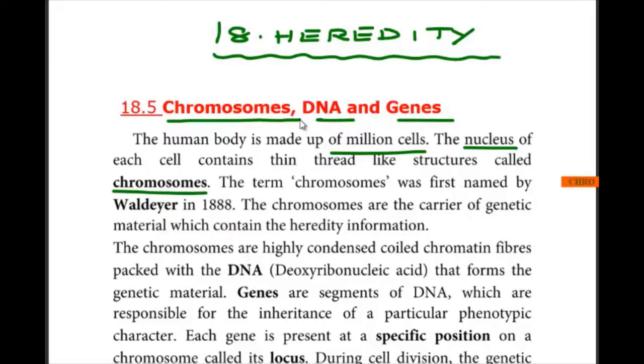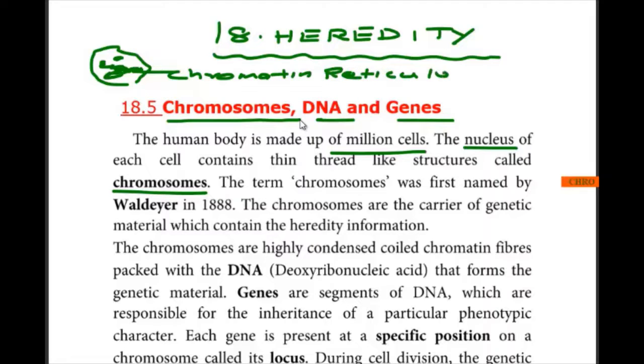So we know the nuclear structure, it is just spherical in shape. In that we will have a nucleolus and a network-like structure called chromatin reticulum. This chromatin reticulum will change into a rod-shaped structure called chromosome during cell division.